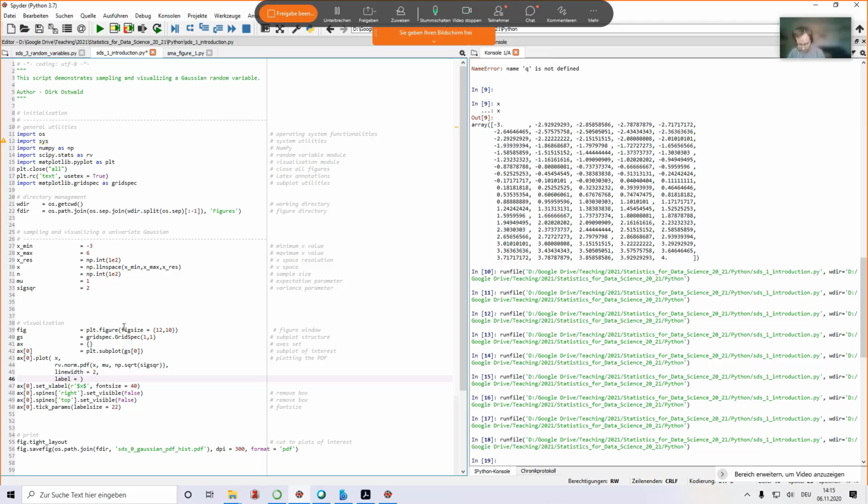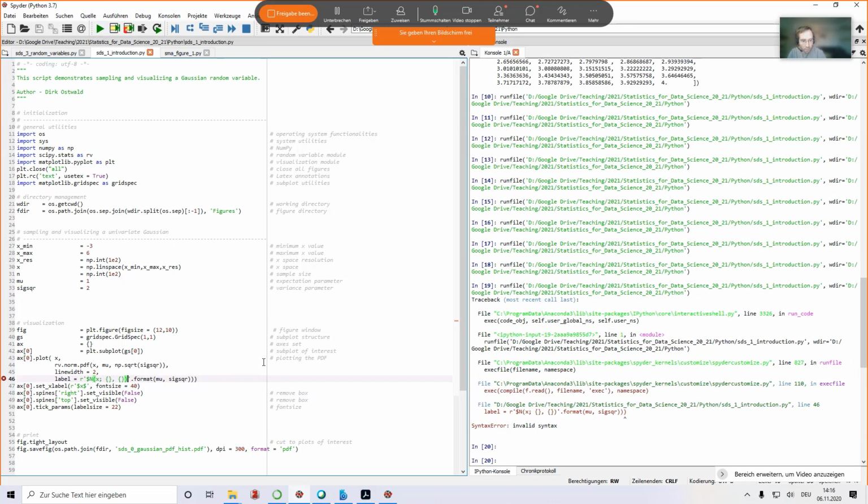So in this case, let's let that be the PDF of a normal distribution, which we will write mathematically like this, as we will learn, and then put, using the format function, the parameters that we're actually using. So that's our label. Let's see, there's something wrong. Maybe a bracket too many.